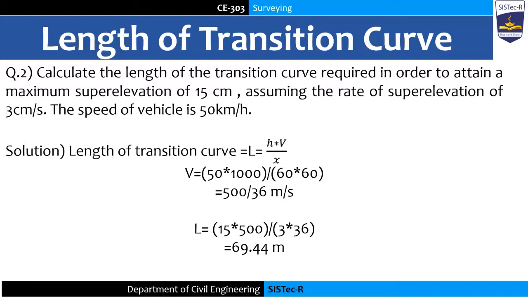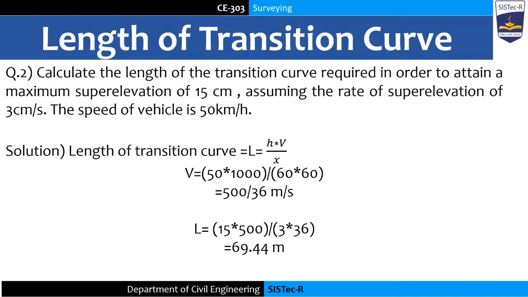So the length of transition curve L equals h into v upon x. We will simply apply this formula, but first we will convert the speed which is given to us in kilometer per hour. The speed of vehicle is 50 km per hour, so I will convert this speed to meter per second.